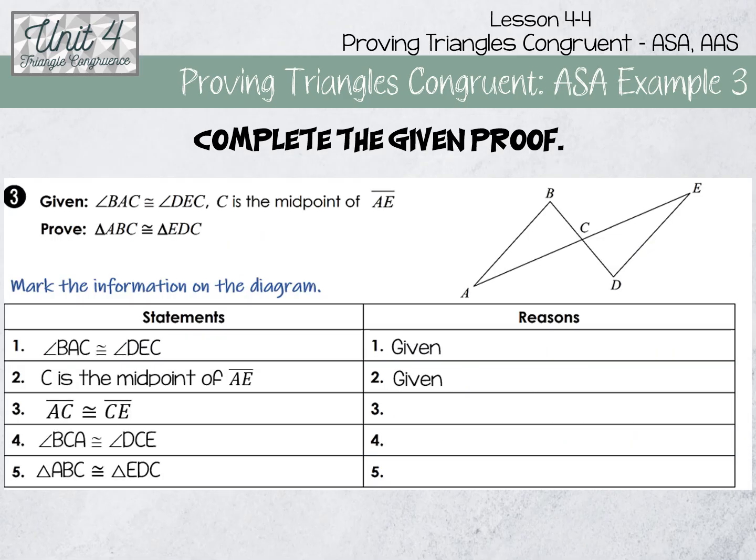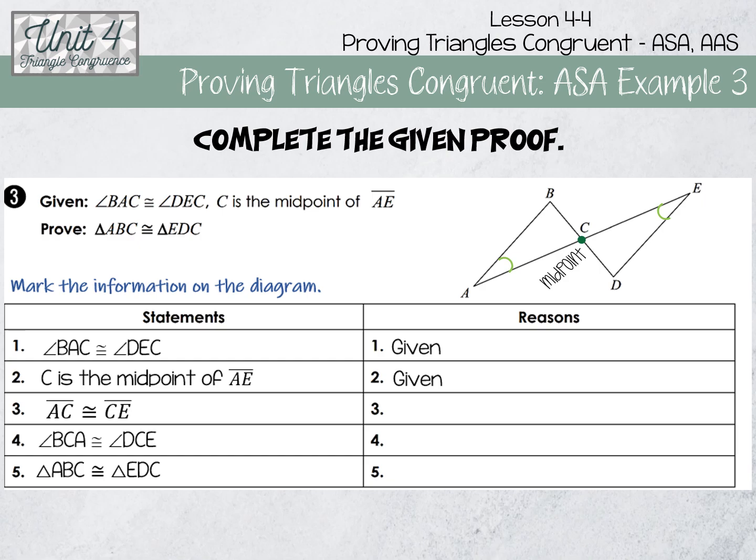Proof number 3. We are given angle BAC. Look at it on the picture as I say it and as you read it. Is congruent to angle DEC. Mark those green. C is the midpoint of segment AB.